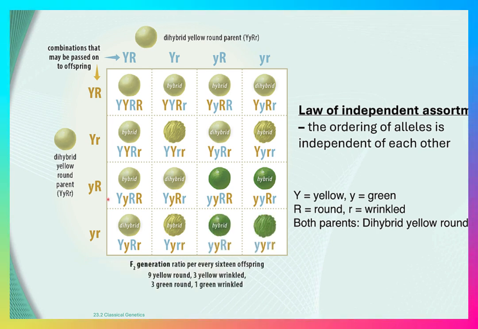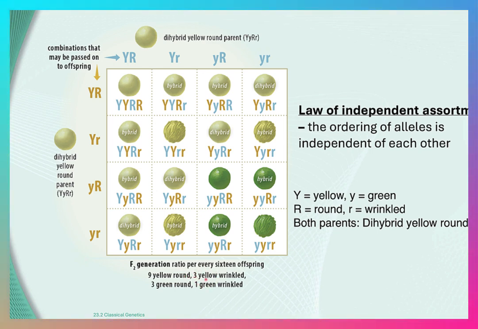And what ends up happening is you end up with 9 phenotypically yellow round offspring, which are all the offspring that are either homozygous or heterozygous for yellow, and homozygous or heterozygous for round, because both those are dominant.